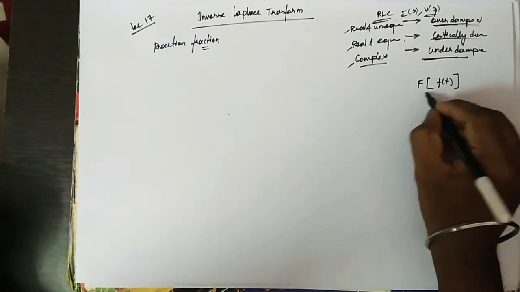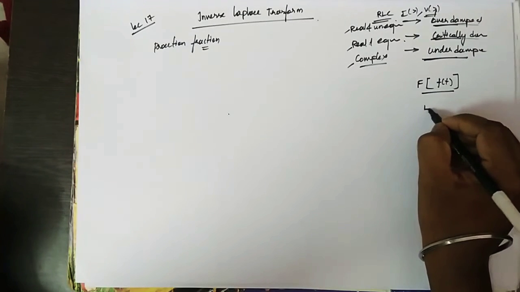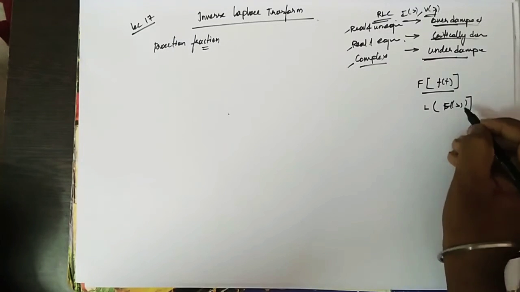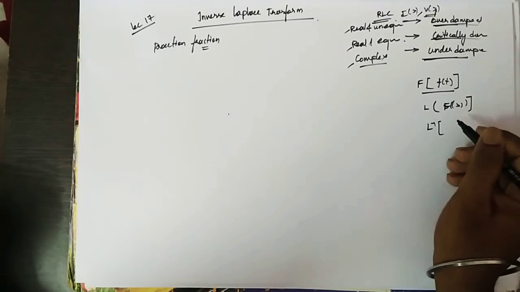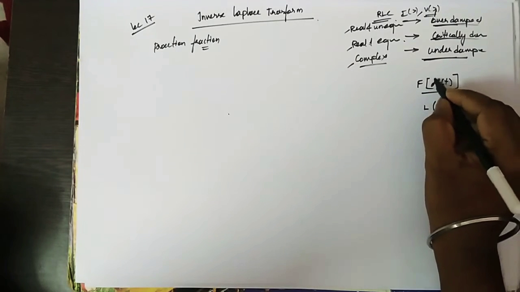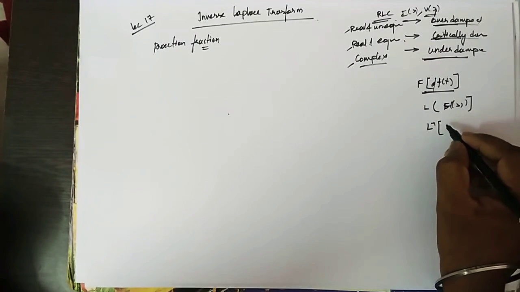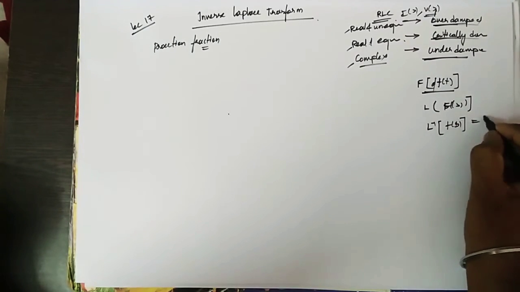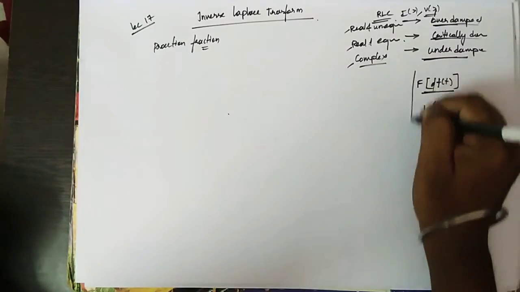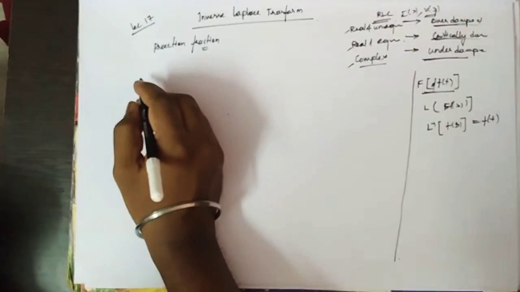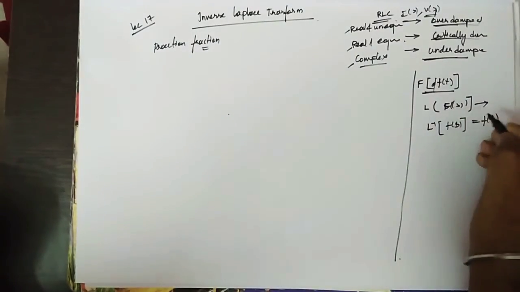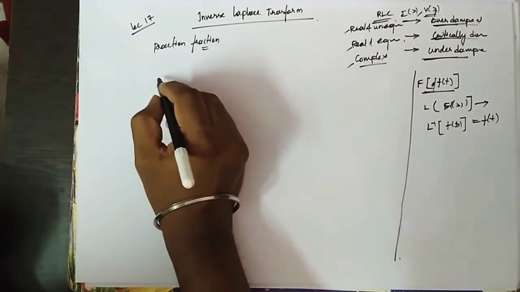For this differential function you apply the Laplace transform, and after the inverse Laplace of this, you will get the response f of t. So in this phase, the Laplace transform is f of s.